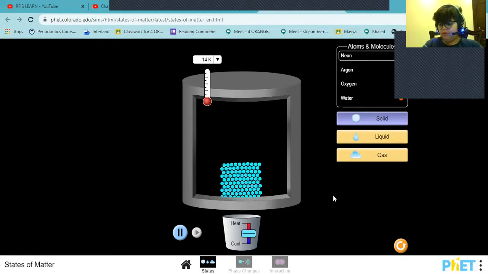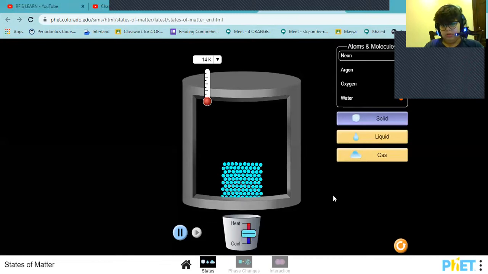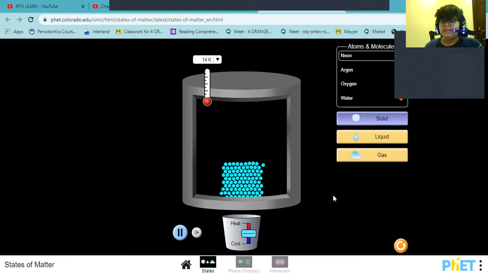The particles have a strong attraction force between them, and they move only back and forth. They don't move a lot, and their attraction force is very strong.